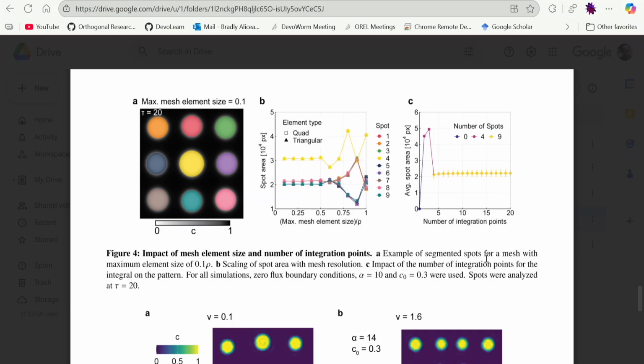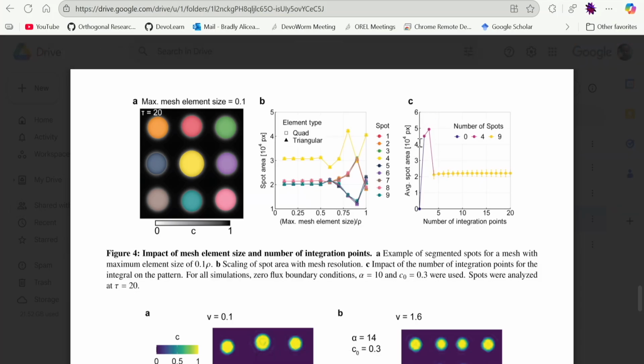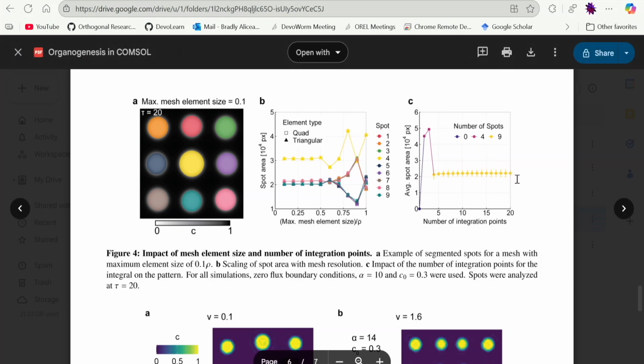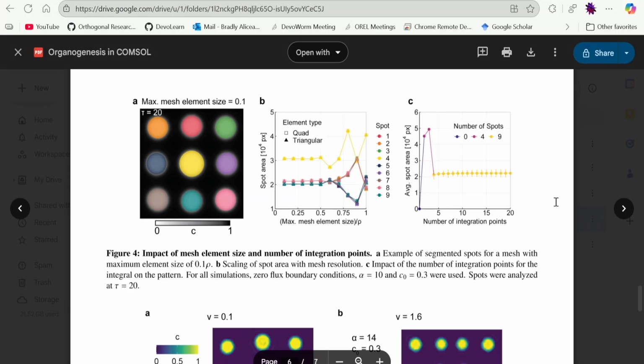And then C is the impact of the number of integration points for the integral of the pattern. By the time we get to 5, the area settles down. So the area fluctuates as the number of integration points gets established. And then the number of spots remains constant at 9. So our average spot area is 2, our number of spots is 9, and after we get to 5 integration points, we can get higher, and the model converges upon that. So that's what they're doing here.